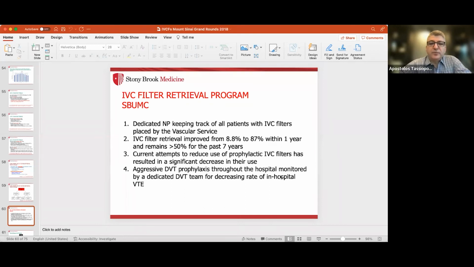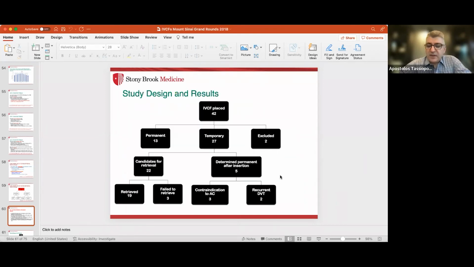Having a dedicated VTE team clearly is very helpful, because a lot of these patients, particularly the ones treated for trauma, or those treated by other services such as spine or oncology, tend to be lost to follow up.